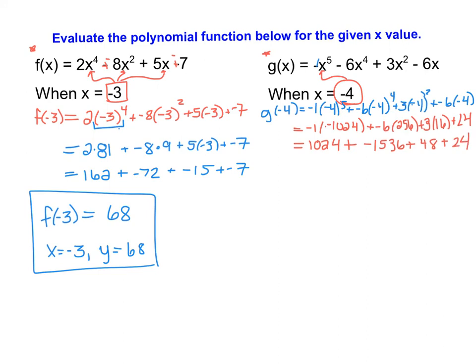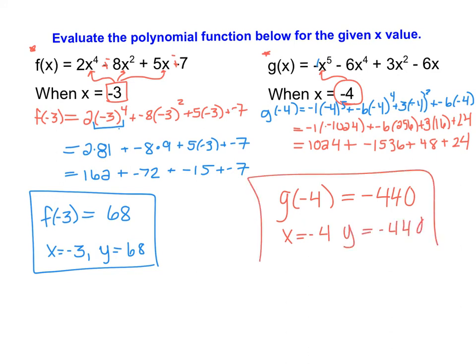Now if I add all of these together, what I discover is that when I evaluate function g when x is -4, the function value is equal to -440. So what that tells me is that when x equals -4, y is equal to -440.